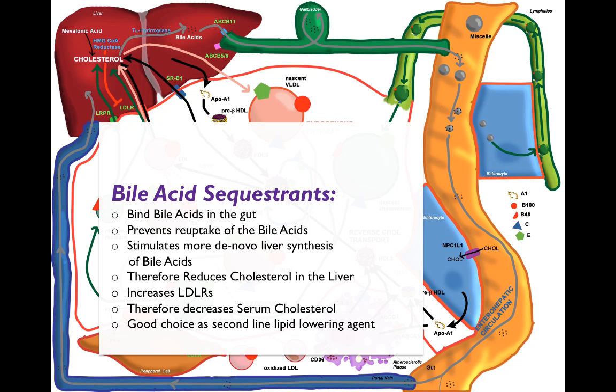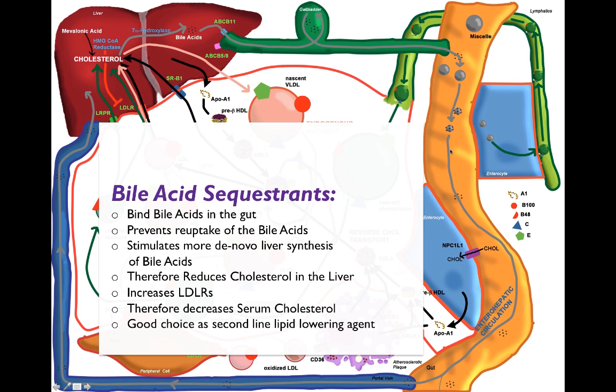Okay, so next I want to talk about how bile acid sequestrants work. To know how bile acid sequestrants work, you have to know about what's called the enterohepatic circulation. Basically, bile acids are produced in the liver from cholesterol. So cholesterol is the precursor for bile acids. It goes in the gallbladder, and when you have a fatty meal, it goes into the gut lumen in order to solubilize the fats so that they can be taken up by the enterocytes.